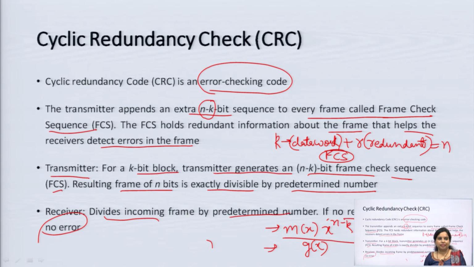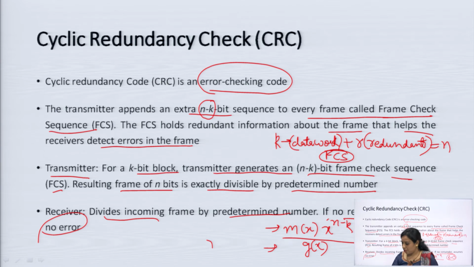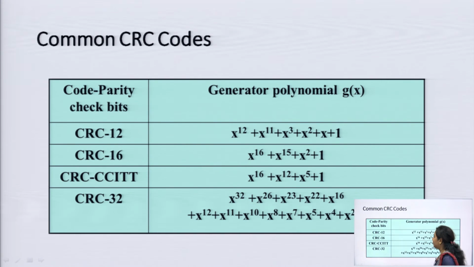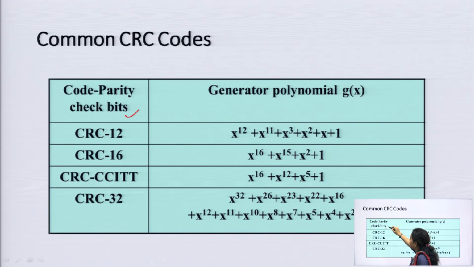So, this is the cyclic redundancy check that has been used for error checking. This is not used for error correction. Now, the common types of CRC codes that are available, this is the code parity check bits.